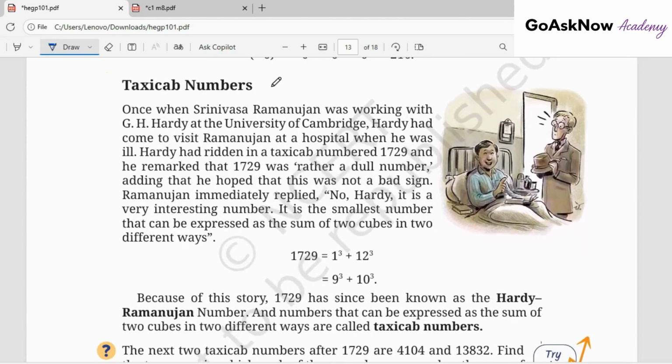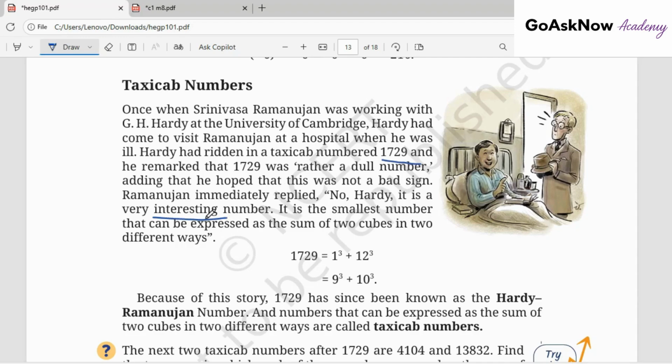Taxi numbers. Once when Srinivasa Ramanujan was working with G.H. Hardy at the University of Cambridge, Hardy had come to visit Ramanujan at the hospital when he was ill. Hardy had ridden in a taxi cab numbered 1729, and he remarked that 1729 was a rather dull number, adding that he hoped that this was not a bad omen. Ramanujan immediately replied, "No, it is a very interesting number.